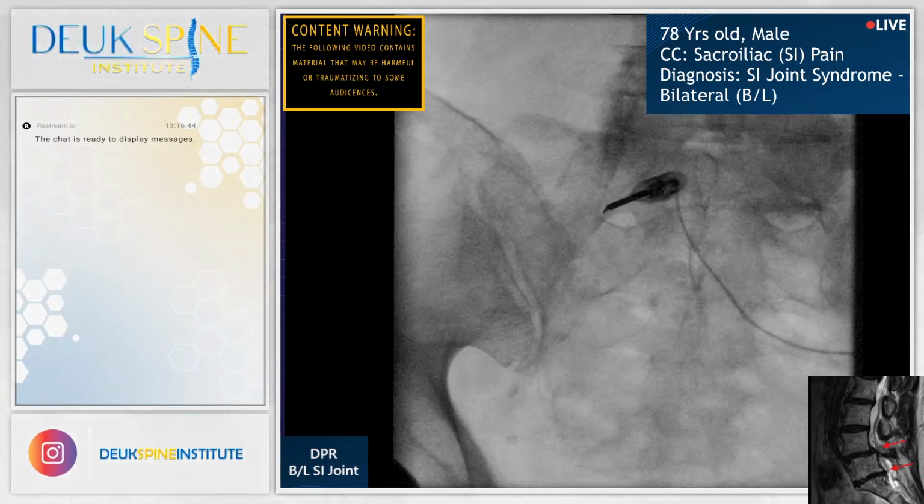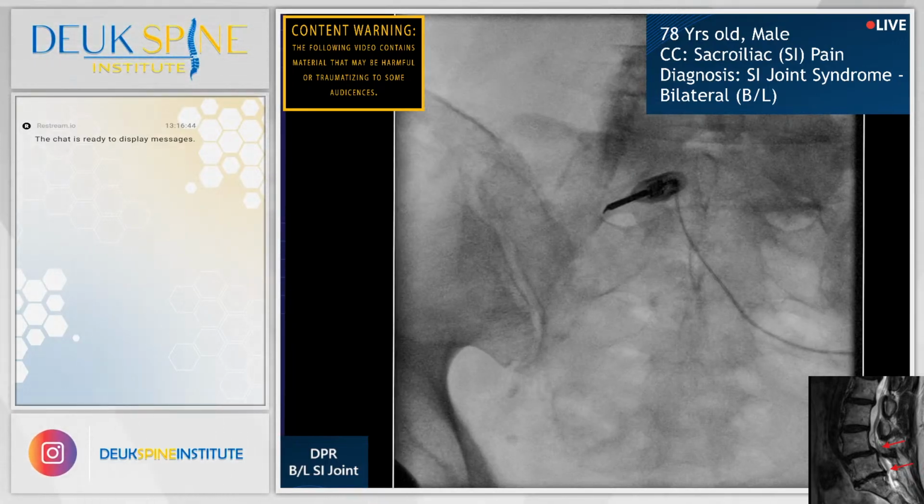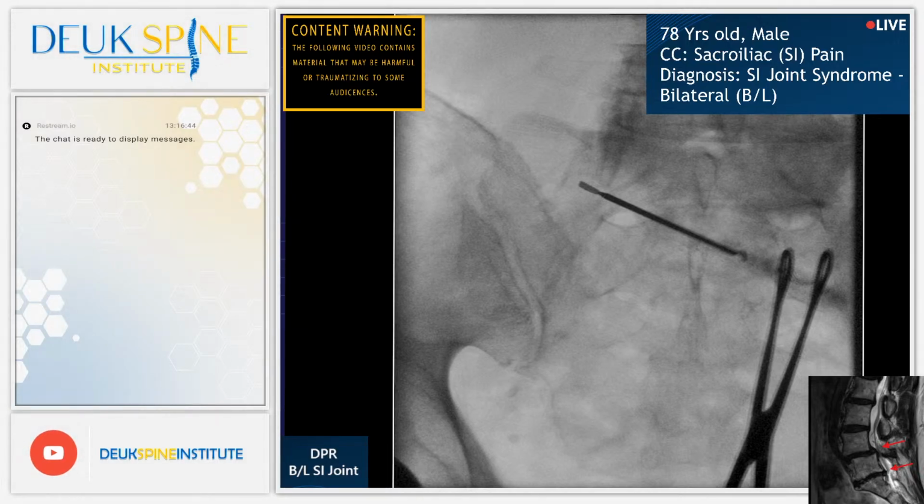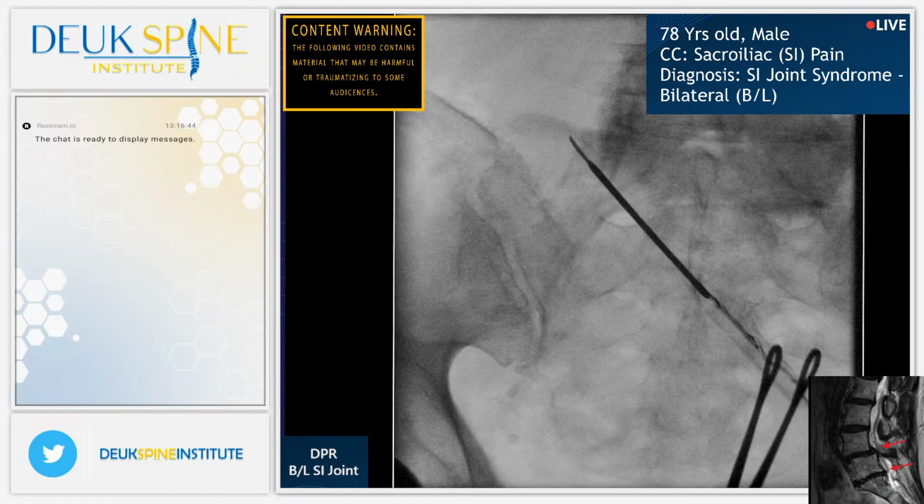We don't want to go through the foramen. We want to stay lateral. So that's what I'm working on, getting to the lateral part. I think we're there. Yep, there it is. You can see that.